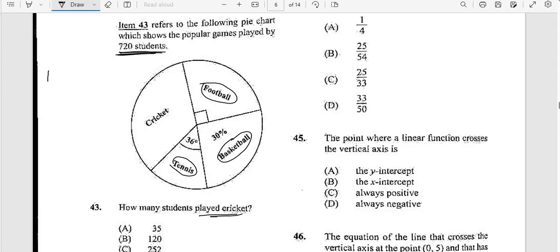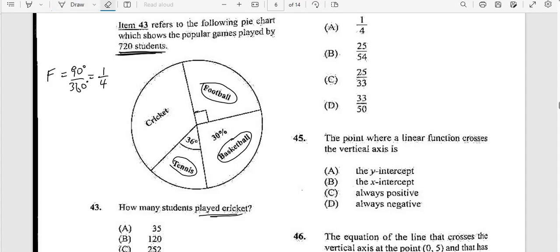So for football, let me use F for football. We have 90 degrees. The angle given for the pie chart is 90. So this 90 means 90 out of a total of 360 degrees. Football represents 90 out of 360, but in degrees in this case. But now I can find that that's going to give me 1/4.